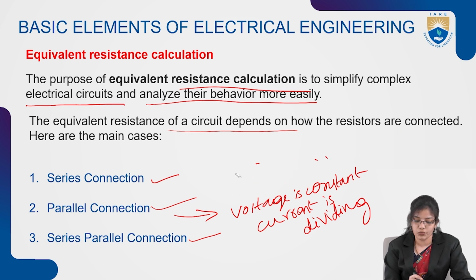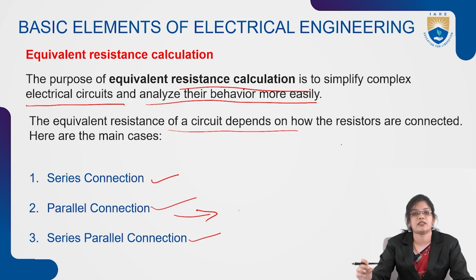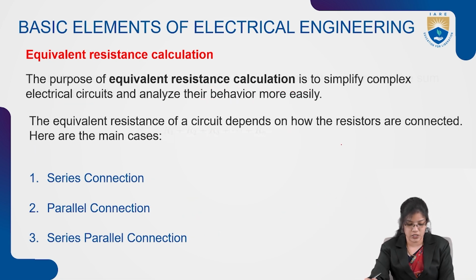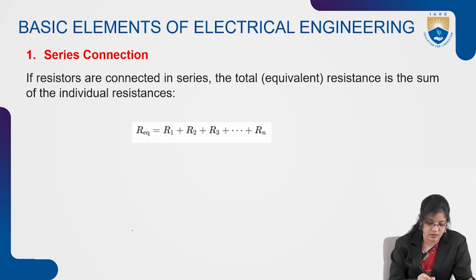So we'll move to the first one, the series connection. How are the resistances connected in series? Series connection is nothing but the output of the first resistor being connected to the input of the second resistor.